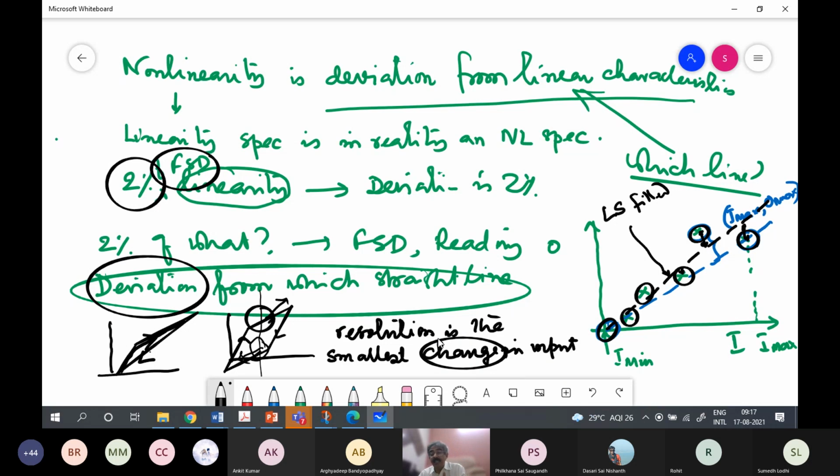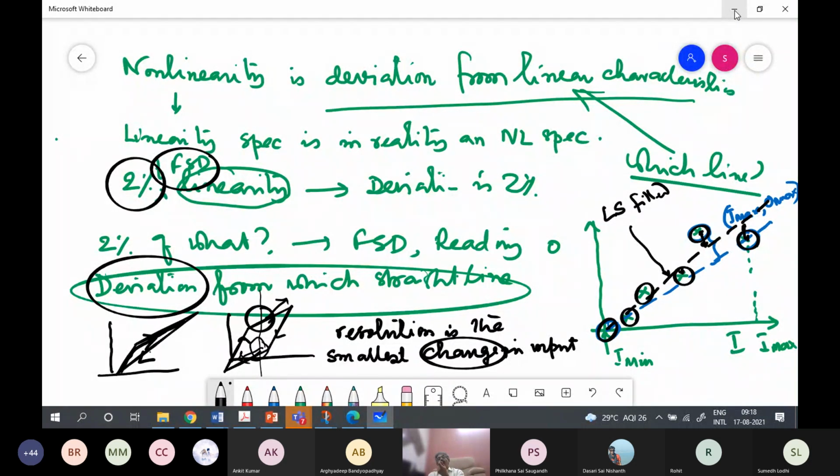It is not the smallest input. It is the smallest change in input. And there is a difference, because particularly for things which have friction, the smallest input could be high because of static friction, etc. But the smallest change in input is: from any input I, you are getting an output O.